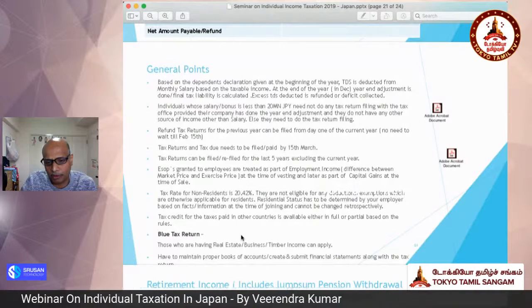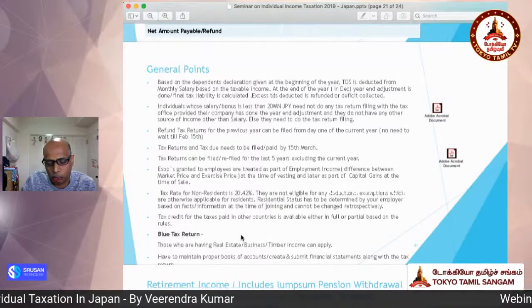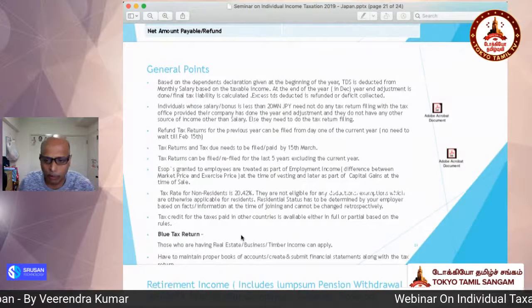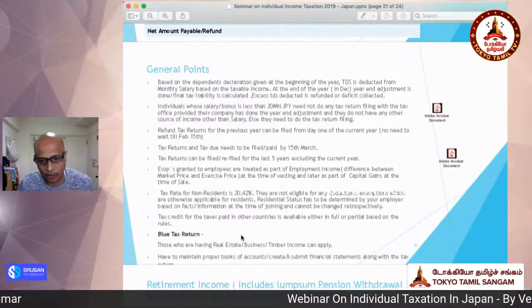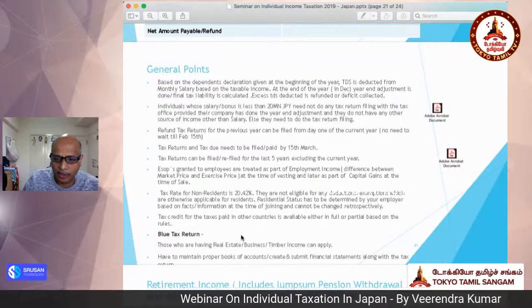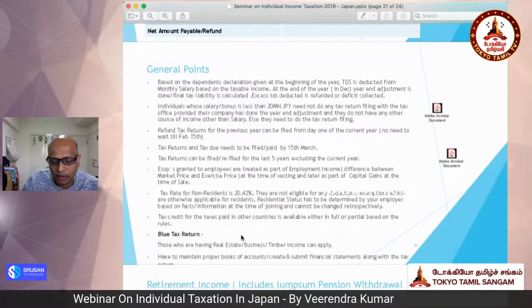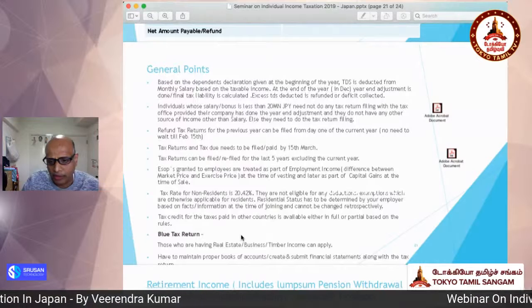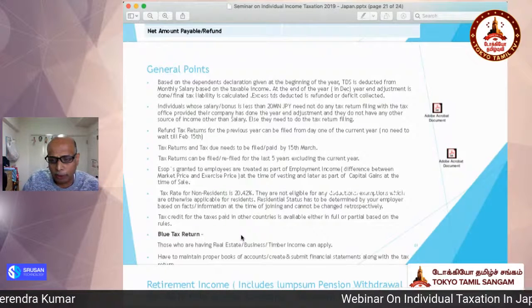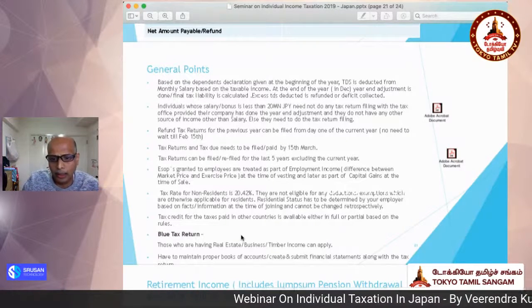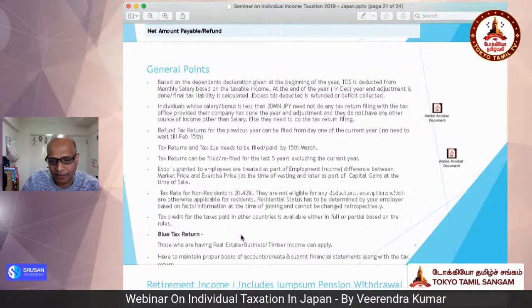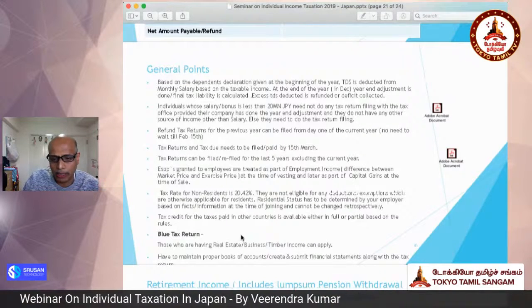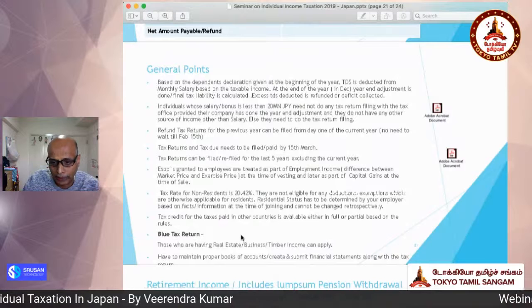The tax rate for non-residents is 20.42%, and they are not eligible for any deductions and exemptions which are otherwise applicable for residents. And this residential status of resident or non-resident will be determined by your employer based upon the information and the facts available to him at the time of you joining the company.